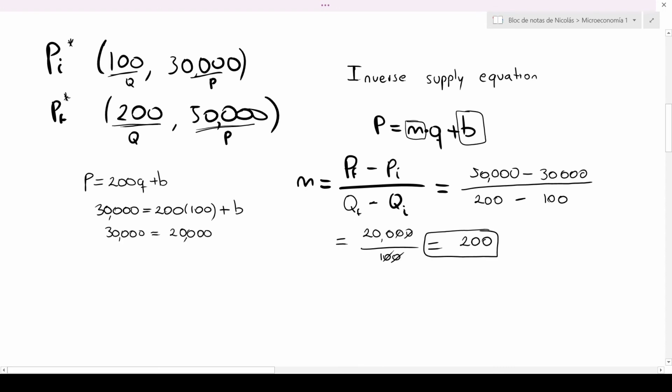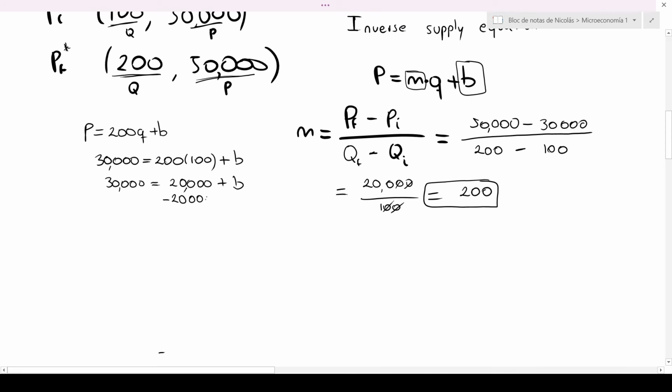We'll proceed to clear for B, and we'll find that B is equal to 10,000. Now that we have B, we have the inverse supply equation, which is price is equal to 200 times the quantity plus 10,000. The supply equation will allow us to find the market equilibrium.